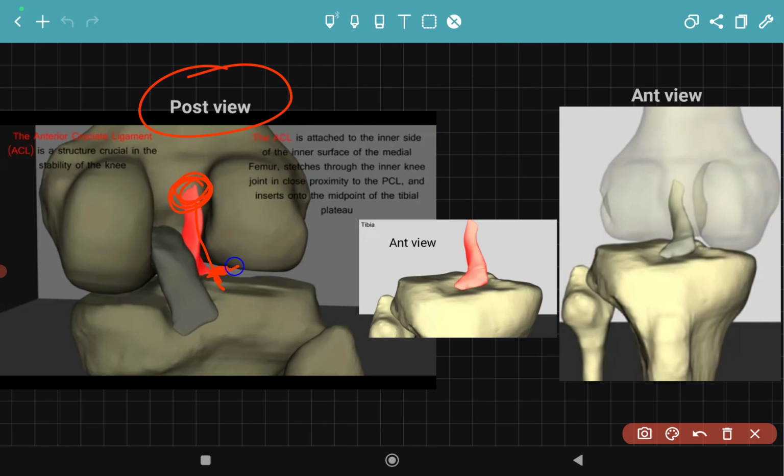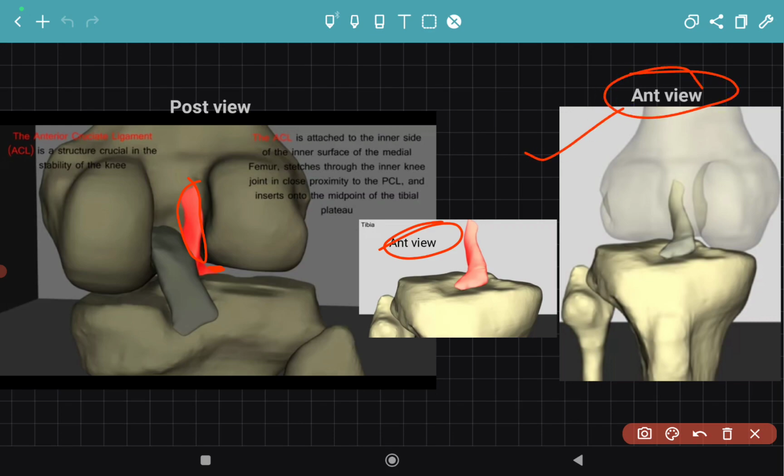It is going to the front. This is the back side where we can see the PCL attaching, whereas the red part is the ACL which is going to the front. This is also the anterior view, which is best appreciated from the posteromedial aspect coming anteriorly over here.